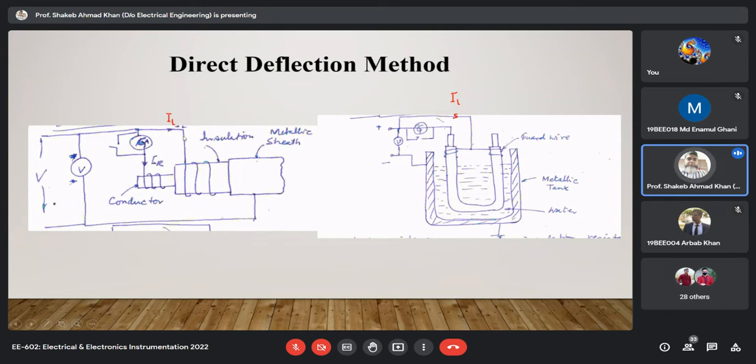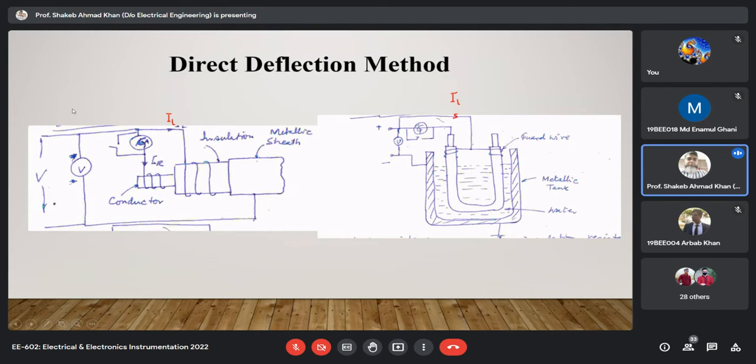So this surface of the insulation is connected here, and the leakage current will flow through this path. It won't go through the galvanometer or the microampere meter. This is called the guard circuit arrangement for this particular testing. If anybody has any query, you can ask.